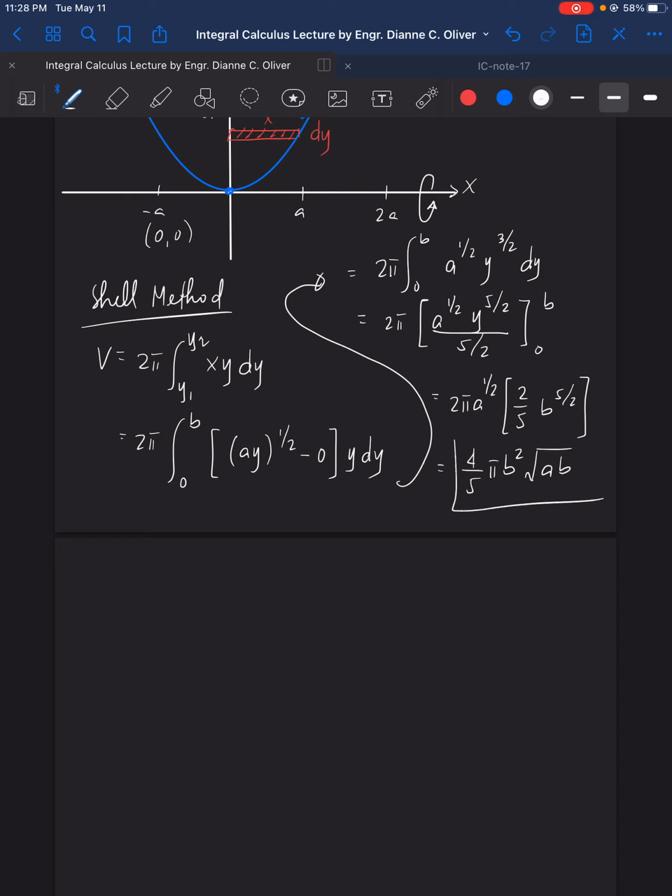So we can have this as an answer. Don't forget cubic units. Okay, so that we have the answer as volume is equal to 4/5 pi b squared square root of ab cubic units. Let's take another approach.